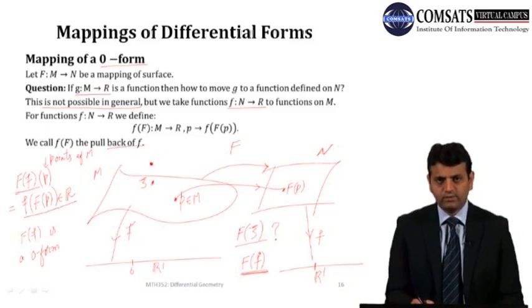Once again, I am calling it pull back because the direction of f is from M to N, but we are pulling back the zero forms on N to the zero forms on M, or sometimes we write the pull back as f upper star g. So this is the notation we use in general for the pull back of this zero form.